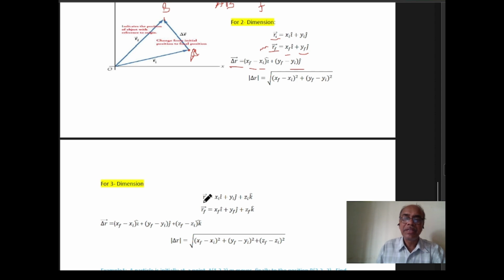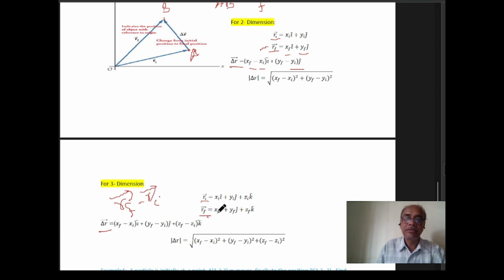Similarly, for 3 dimensions, this is the initial position vector and this is the final position vector. So what is the displacement vector? The displacement vector is the difference between the final position vector and the initial position vector, Rf minus Ri.